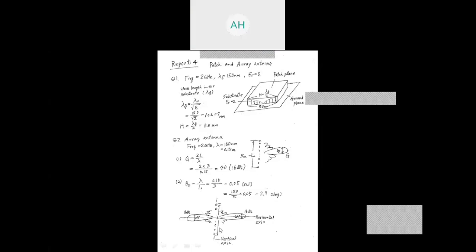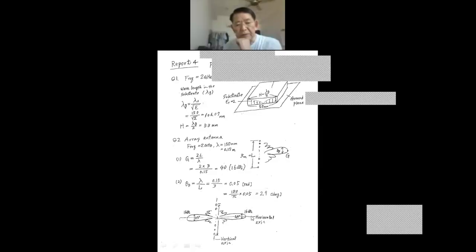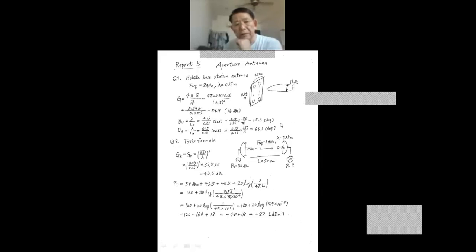Okay. So remember this value, 16 dBi. Next, also the same antenna gain. This is an aperture antenna. So this antenna is also 16 dBi. So the antenna is different.